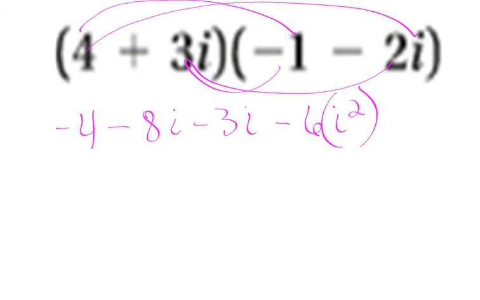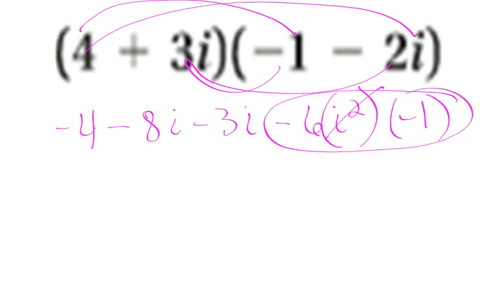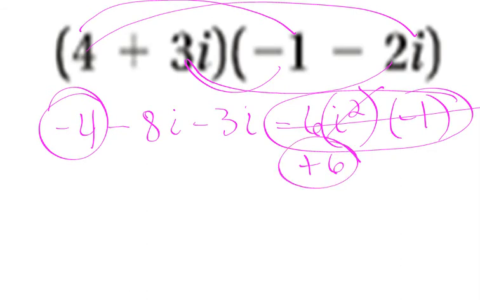Get in the habit of any time you write i squared, put it in parentheses to remind you, oh yeah, that's just negative 1. And what is negative 6 times negative 1? It's a positive 6. Now let's combine our like terms. Negative 4 plus 6 is going to be a 2.